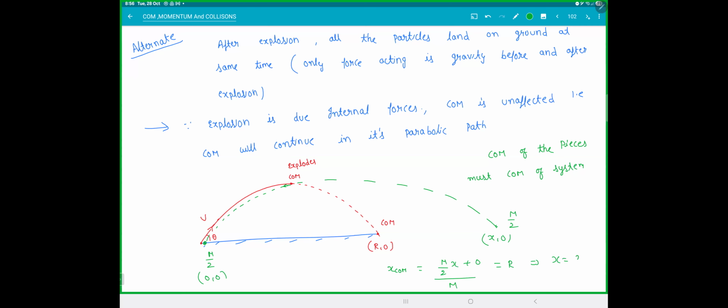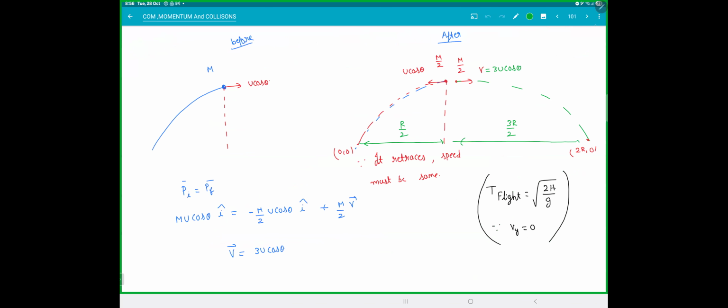We get x is equal to 2r. Actually, there is no need to do this much. m by 2 equal, so midpoint must be the center of mass, isn't it? So that will be 2r. You can directly say that. Are you clear with this? So this would be faster, isn't it? Without doing all the calculation, get the answer. Got the method? We get the same answer.